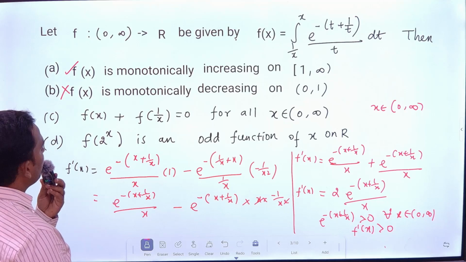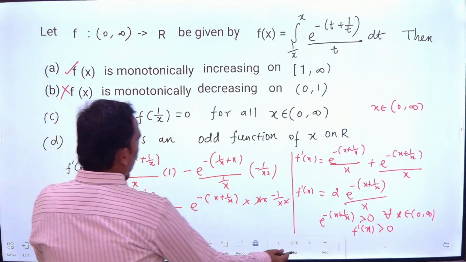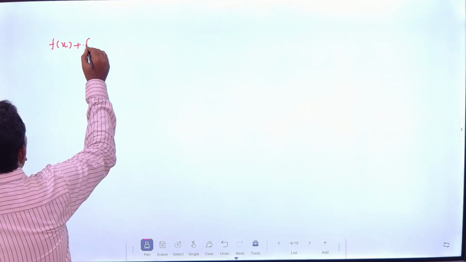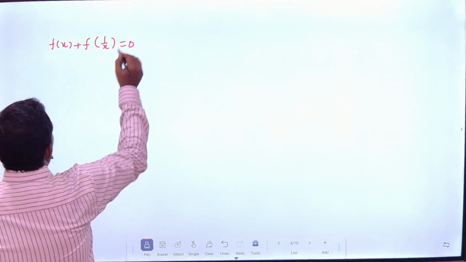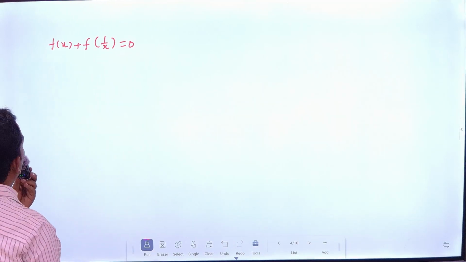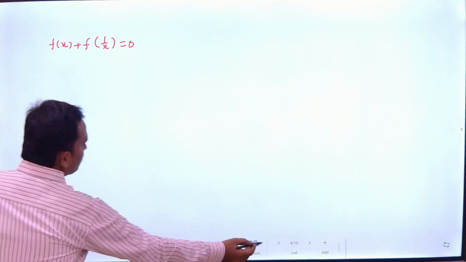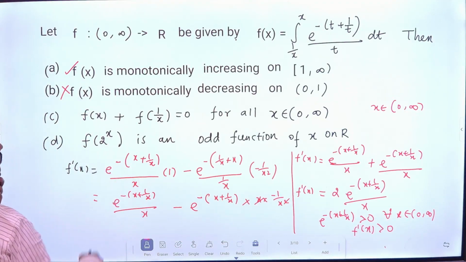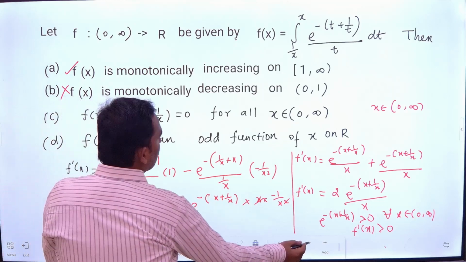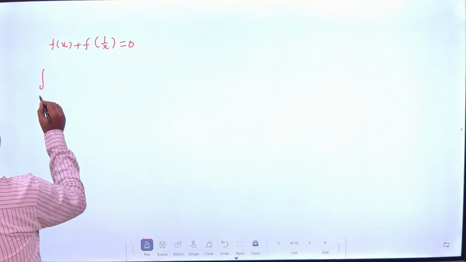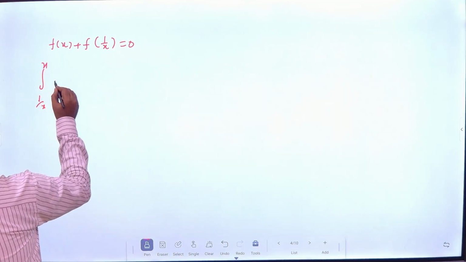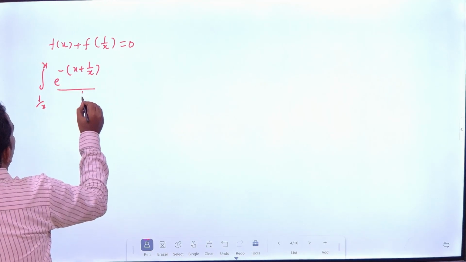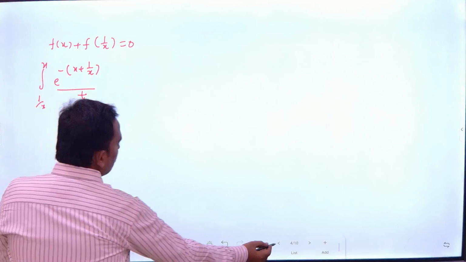Okay, third one, you can check quickly. f of x plus f of 1 by x is equal to 0, right? So what is f of x here? It is the integral from 1 by x to x of e power minus t plus 1 by t, divided by t, dt, right?